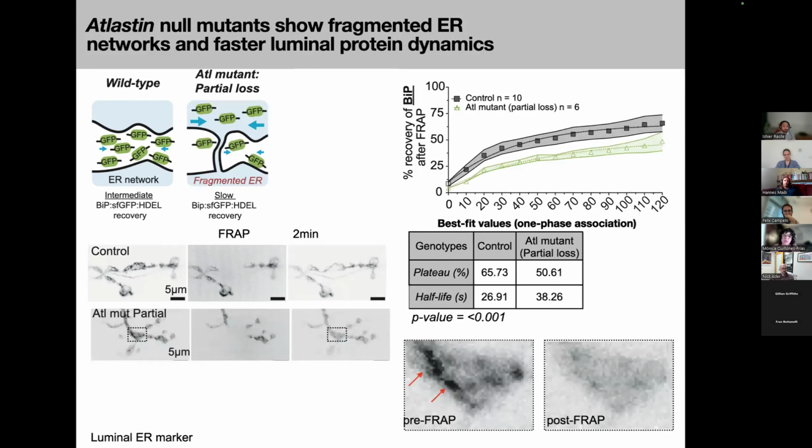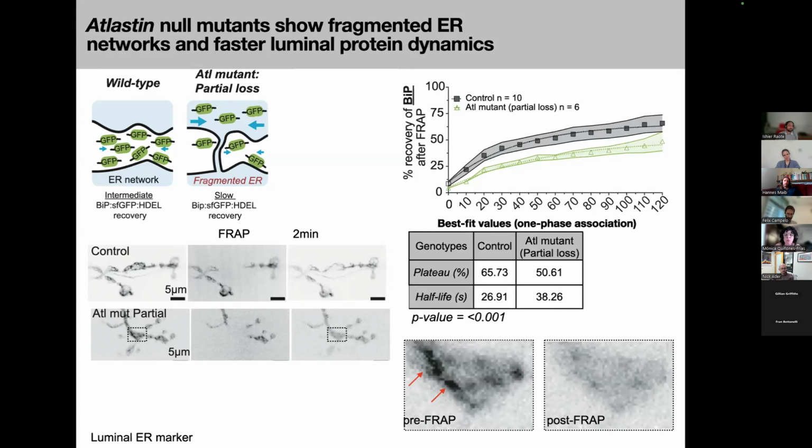And so when we looked at Atlastin mutants that showed this partial loss of ER networks labeled, we found that the plateau was reduced and also the half-life was increased, suggesting that there's less of these molecules diffusing back into the FRAP region, and also they're diffusing much slower.